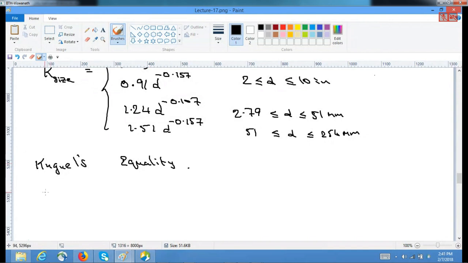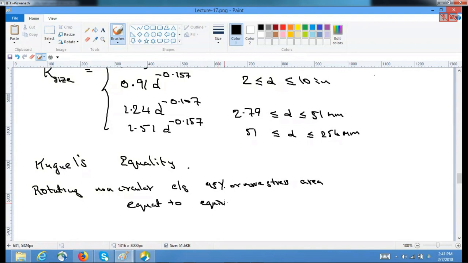They take whatever is the rotating non-circular cross section and take its 95 percentage of stress or more stressed area, and then they equate it to the equivalent 95 percentage of a circular cross section.